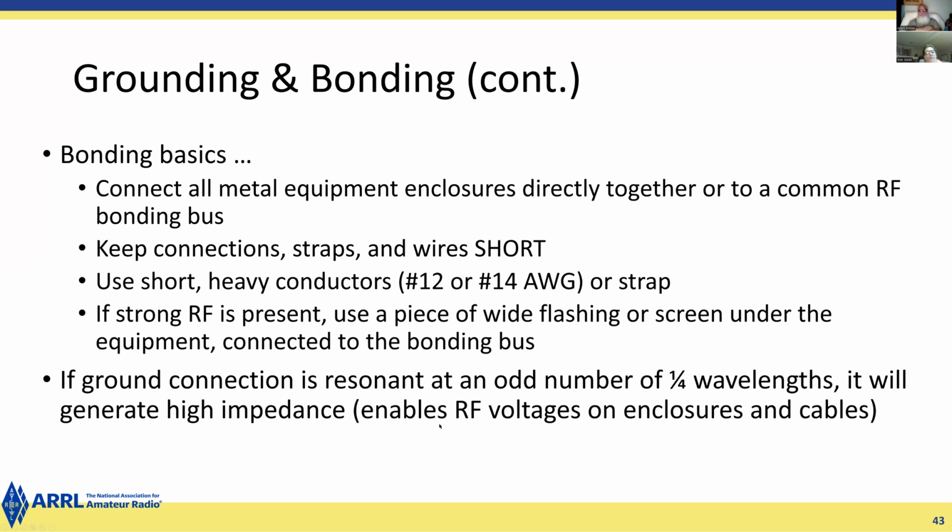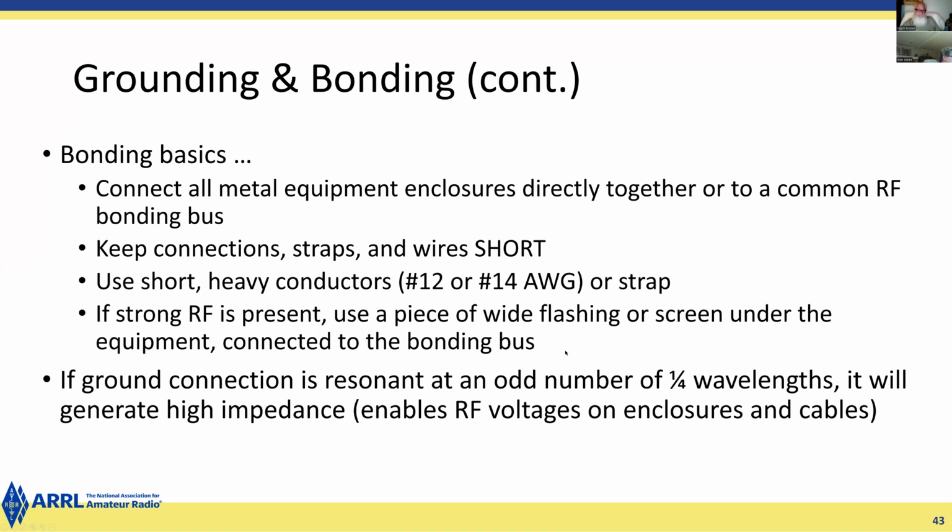It will act to block the flow of RF current. So that way you can get high voltages on your enclosures. It's another reason to keep things short. Now, on high frequencies, a quarter wavelength for most bands is still quite a number of feet, but it's something to watch out for.